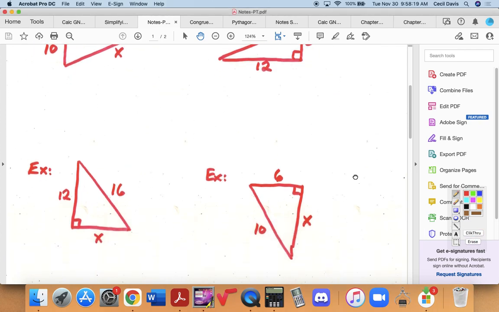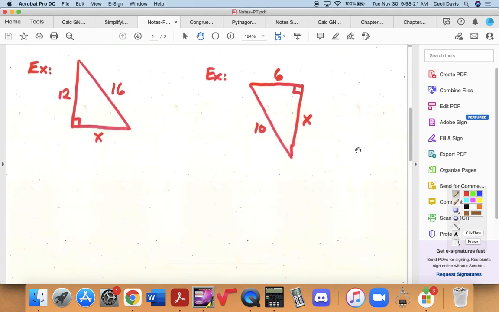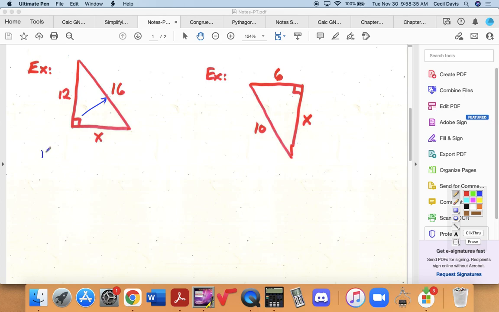All right. Well, let's do some where it doesn't work out quite the same way, where the hypotenuse is not what we're looking for. Here, the hypotenuse is 16. So I'm going to square the other two sides. 12 squared plus x squared is equal to the hypotenuse squared, which is 16 squared.